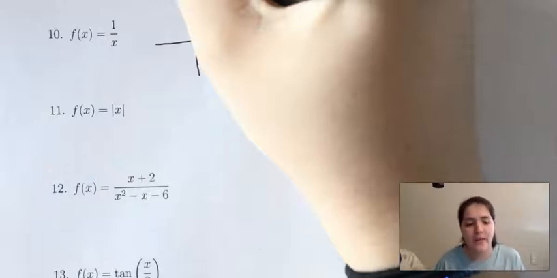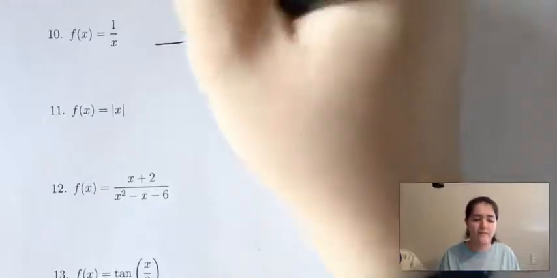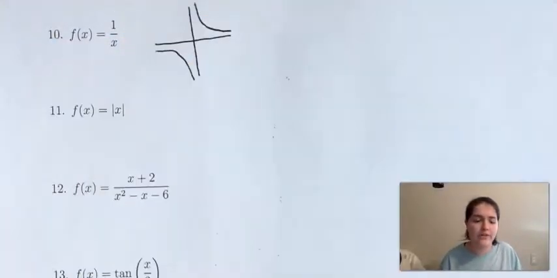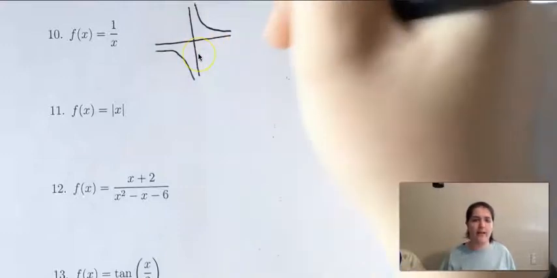The main 2 that we'll talk about is removable and infinite. But I'll show you examples. It'll be easier to understand. So here's the graph. Right here is an asymptote, and that asymptote is at x equals 0.